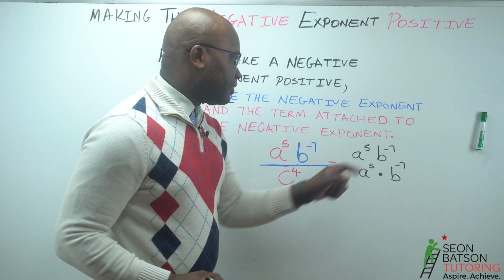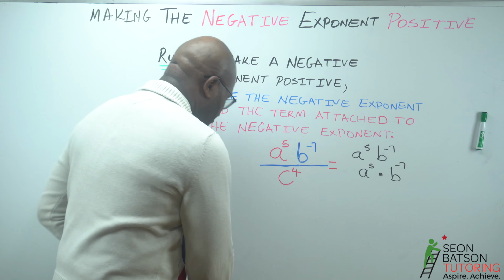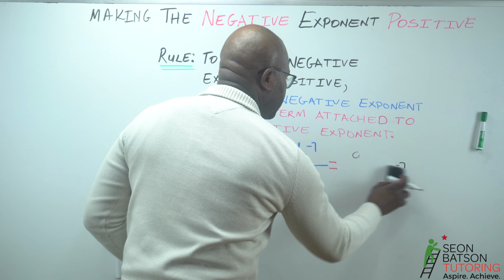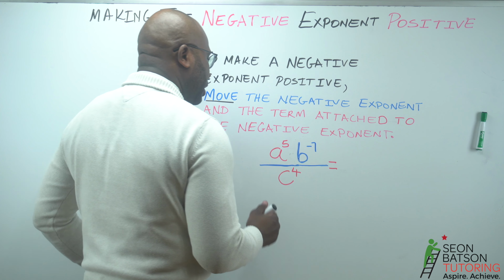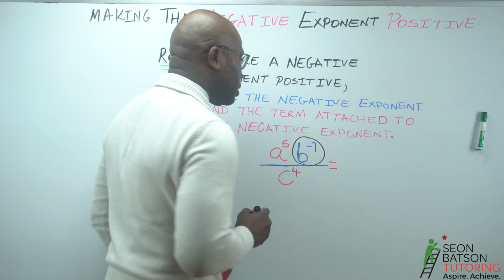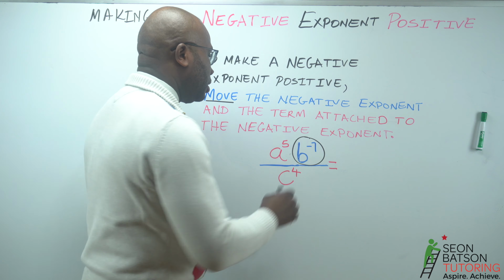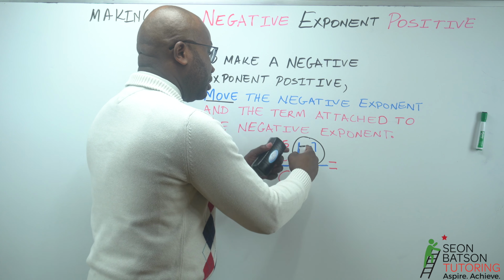So far so good? To make our 7 positive, we will move the negative 7 and the b, only these two, to our denominator. Why? Because they are in the numerator.